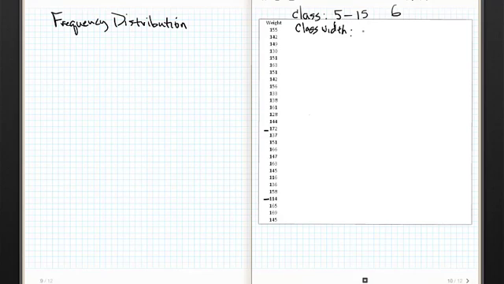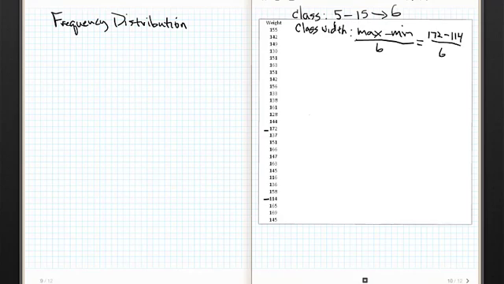The way that you determine the class width is you simply take the max data value minus the min data value, and you divide it by, in this case, the number of classes, which is 6. So my max is 172, my min is 114.